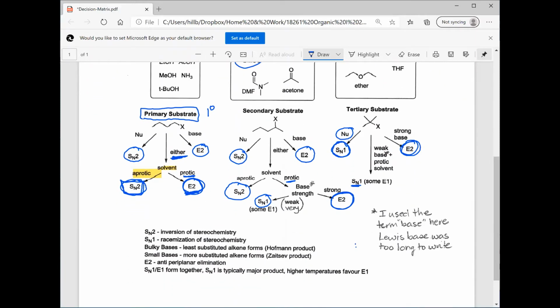Now, there's another part to the secondary and tertiary, and that is if the reaction's an E2, is it a bulky base or a small base? The bulky base will give the least substituted product, and the small base would give the more substituted product.